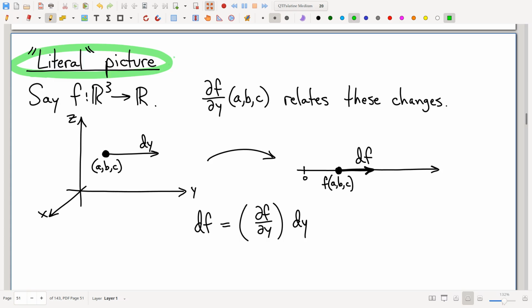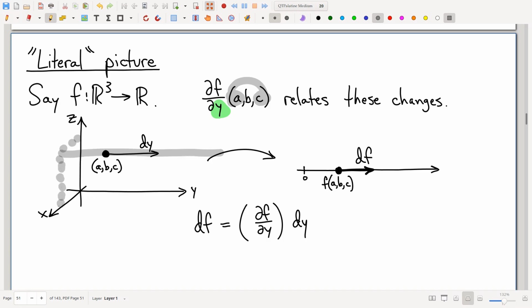And here we go. Let's talk about the partial with respect to y again. Well, that means that x and z are constant. That means x and z have to stay at these values, a and c. That means that I'm going to be moving in the y direction.